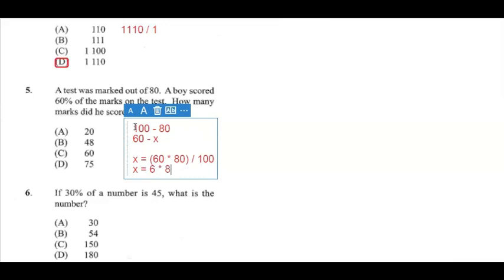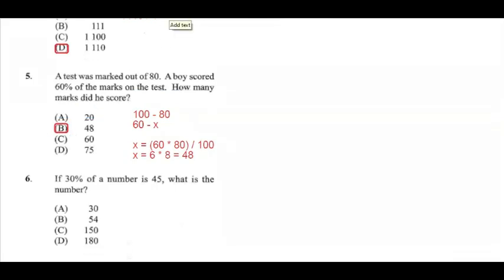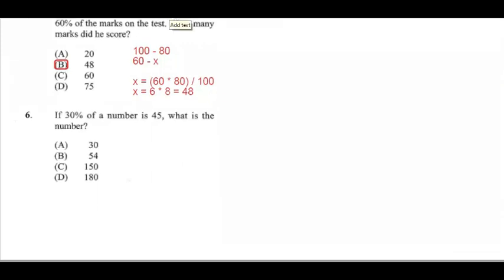So therefore, guys, remember, we always try to simplify, because we don't have a calculator in our exam, so we're trying to find the easiest route possible, and we know our timetable 6, 8, 48, and therefore answer for 5 is B. So always remember to simplify, guys, to make things easier for you in the exam.